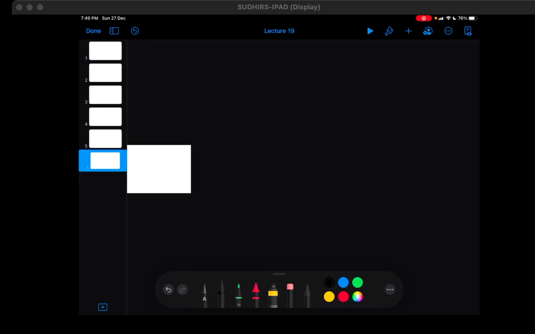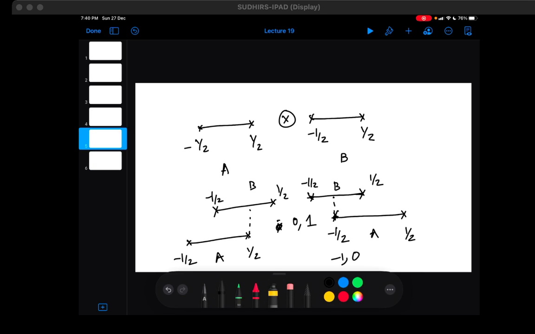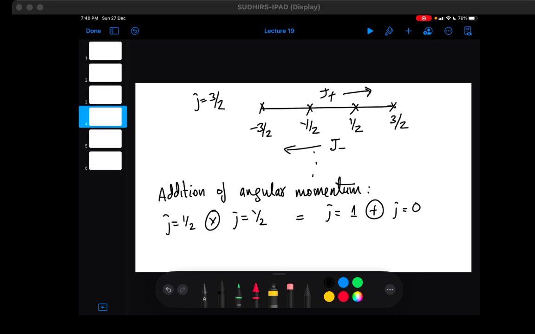Because 0 is repeated, this essentially ends up being minus 1, 0, 1 and just 0. So you can actually do addition of angular momentum also graphically.